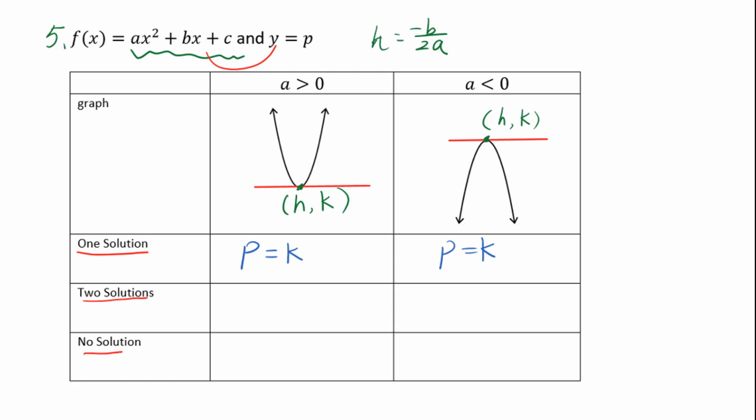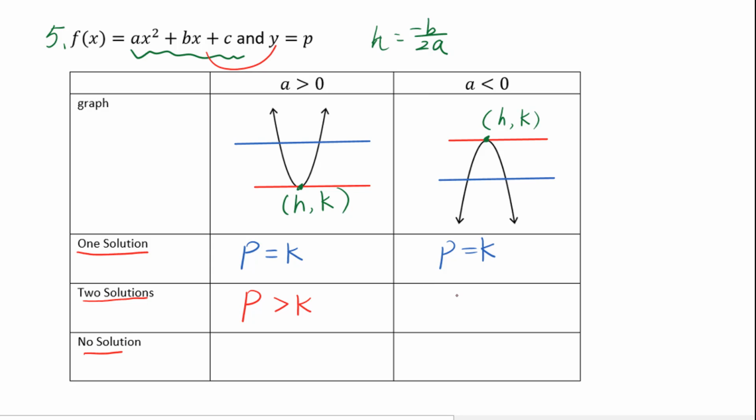For a greater than 0, when this p is greater than k, it will intersect quadratic function twice. For a less than 0, when this p is less than k, then it will intersect quadratic function twice. Therefore, two solutions for a greater than 0 is p greater than k.